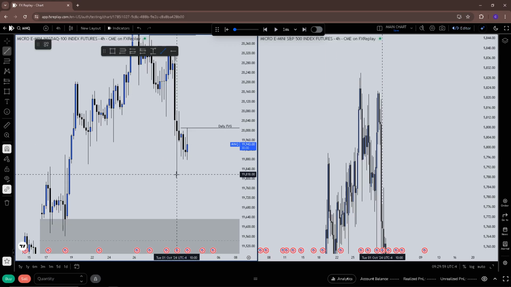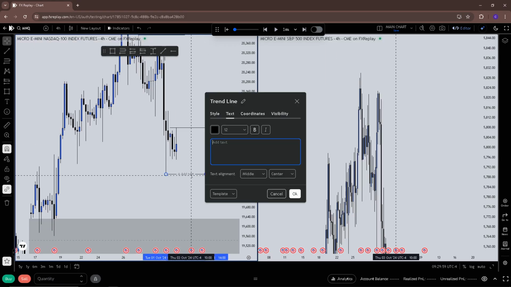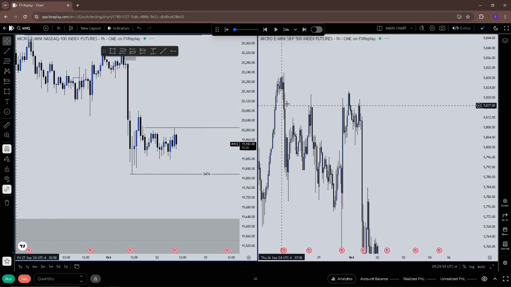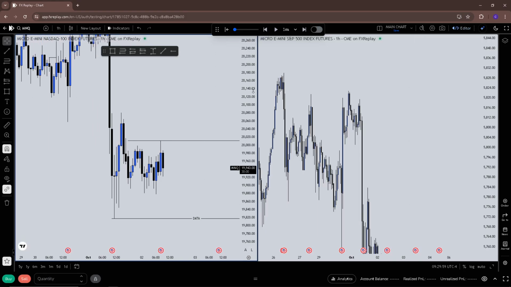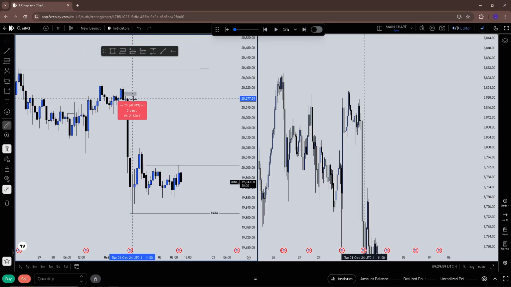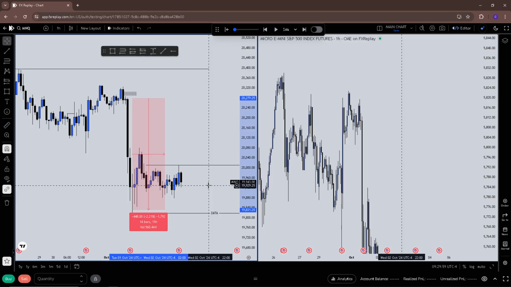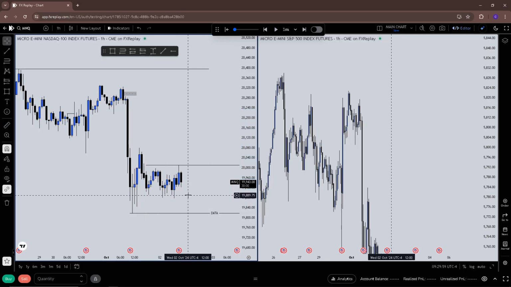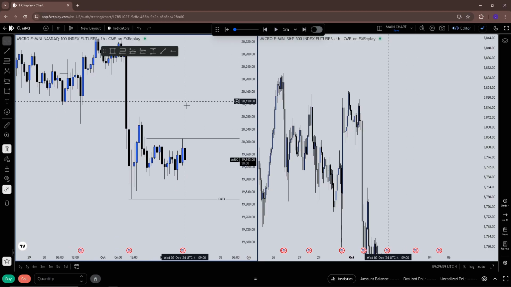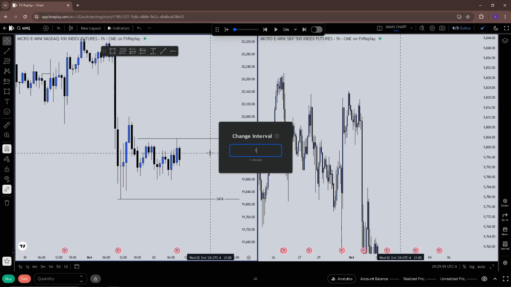This is data lows. Kind of just range bound, to be honest.